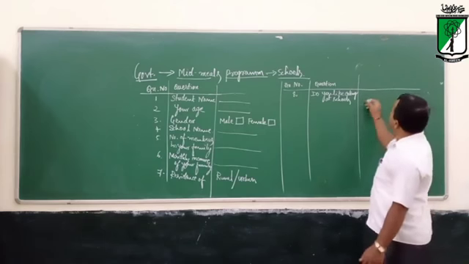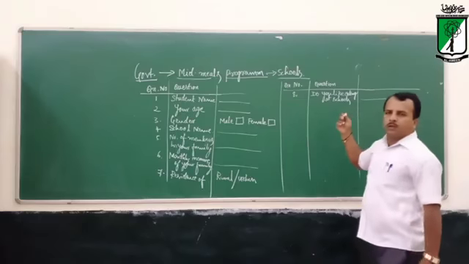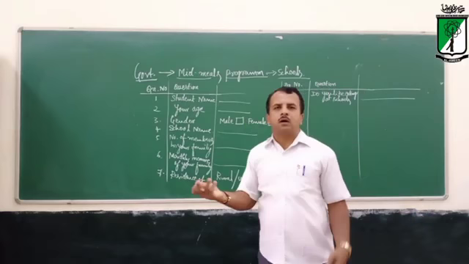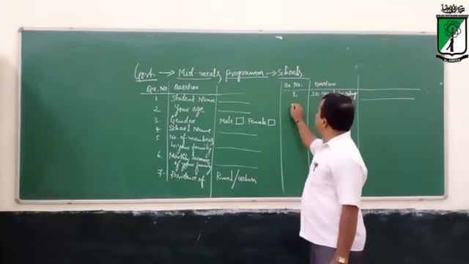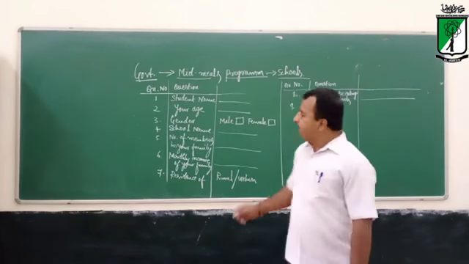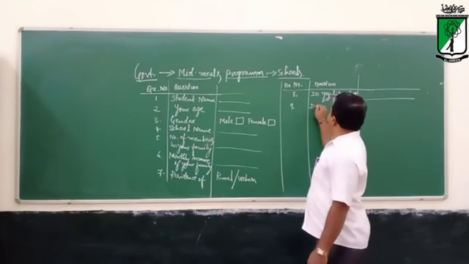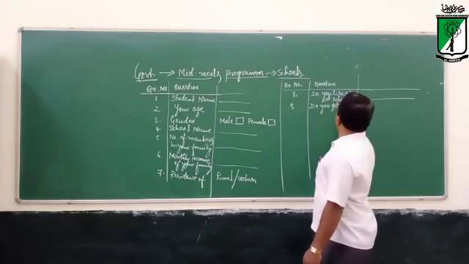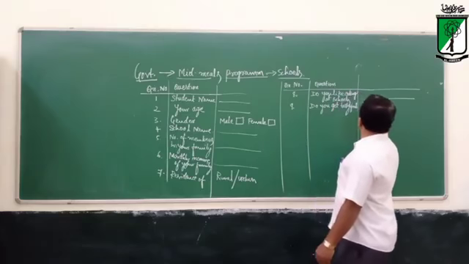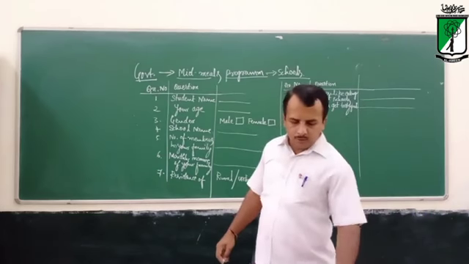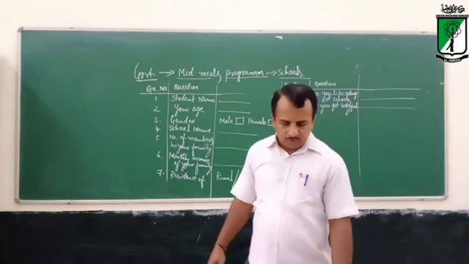So yes or no also they may give. Options may be given, or they can respond directly, yes or no. So like that. Then, do you get tasty food? Likewise, there will be some questions.